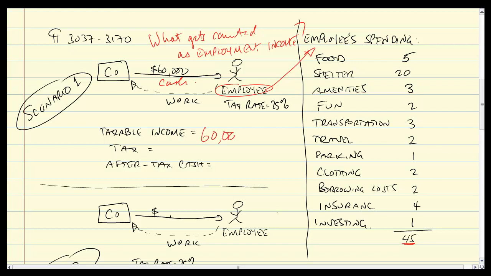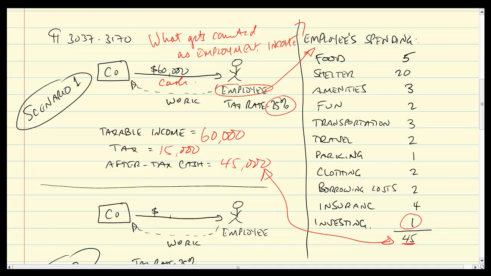He has nothing else complicated going on in his situation, so his taxable income is going to be $60,000. His tax rate, we've said, is 25%, so his tax is $15,000, leaving him with $45,000. Wow, isn't that amazing? Of course it balances, because I just plug whatever he's left over with, he can invest. So if you look at that scenario, you go, okay, well, it's very simple, right? He calculates his taxable income, he calculates his tax, and everything's fine and good.